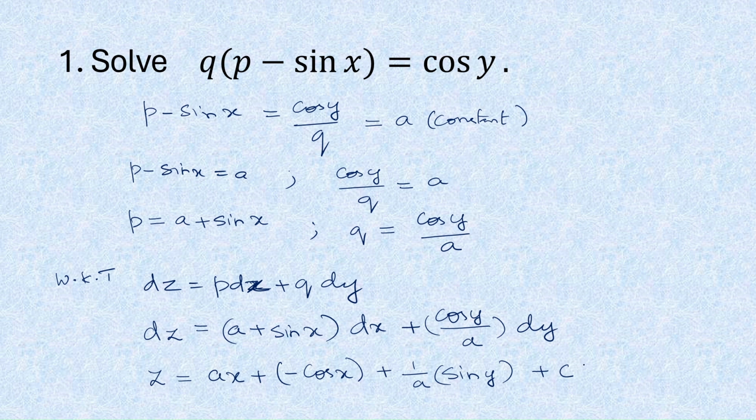Now this is the complete integral where we are having two arbitrary constants a and c. So we can write the complete integral as z is equal to ax minus cos x plus sin y divided by a plus c. This is the complete integral.